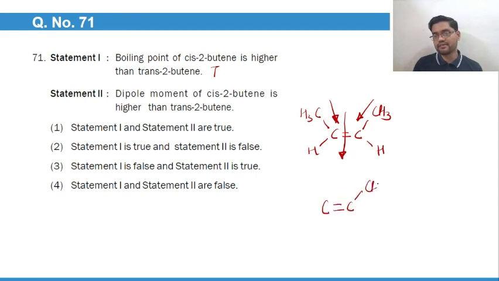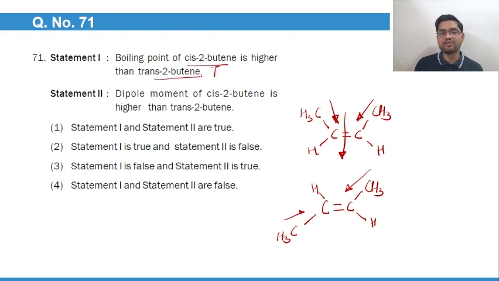If I talk about trans, the dipole moments cancel out each other. For cis, it has some dipole moment, that means some force of attraction is there, and hence boiling point increases. So yes, boiling point of cis-2-butene is higher than trans-2-butene, and the second statement justifies this. Dipole moment of cis-2-butene is higher than trans-2-butene, and hence both are true.